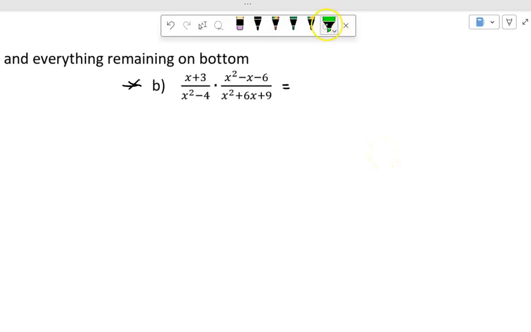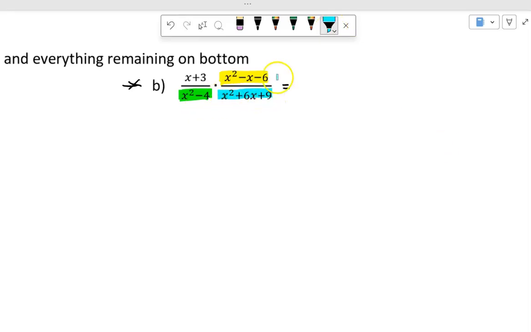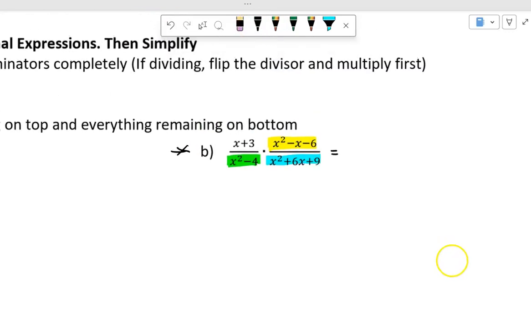I'm going to highlight the areas that I think could be factored. I think this can be factored, which I will try. I think this is a difference of squares, and I think this can also be factored. It's important to make a note anytime you see a difference of squares, just so you start to remember the pattern.